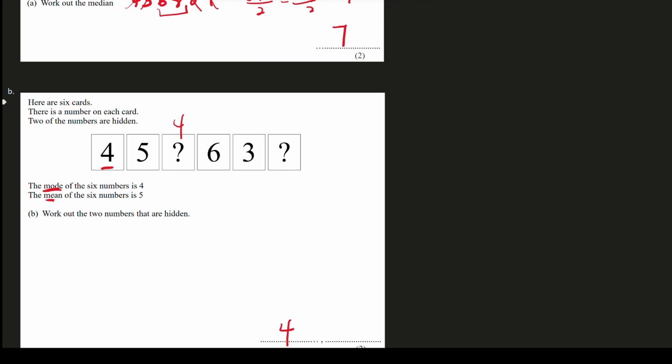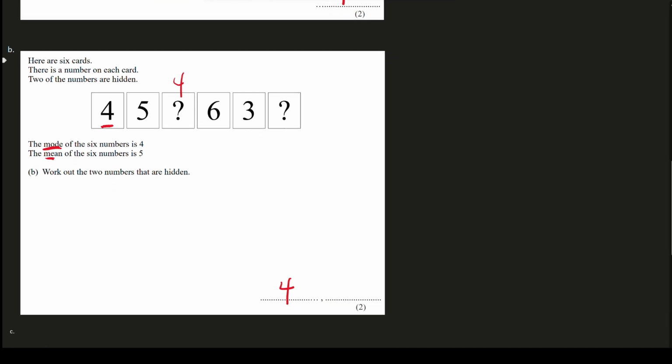Then it says the mean of the 6 numbers is 5. Now, how do you work out the mean? If we remember, working out the mean, you add everything up and divide by how many you have. So I have 4 plus 5 plus this 4, then plus 6 plus 3, and then we don't know our last number, so we can represent that by x.